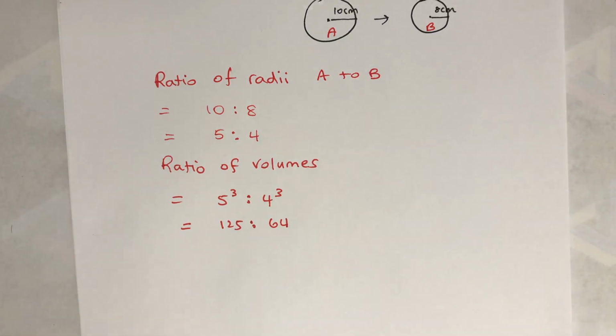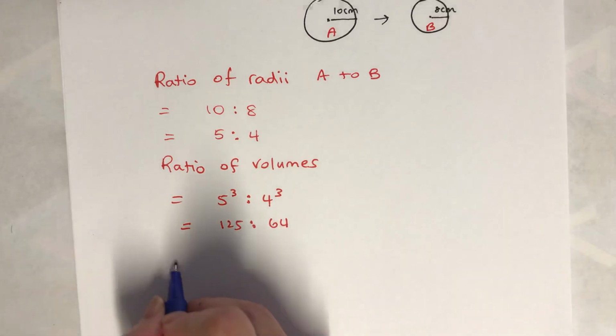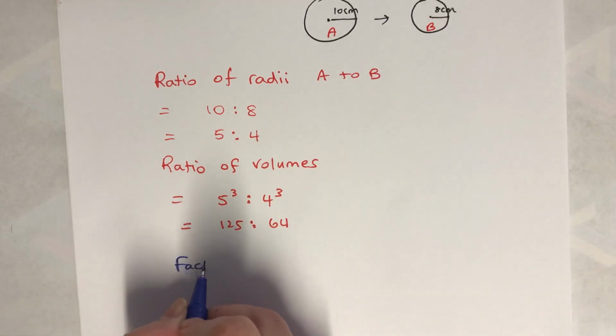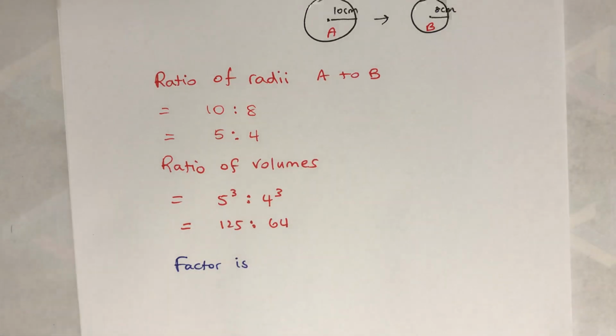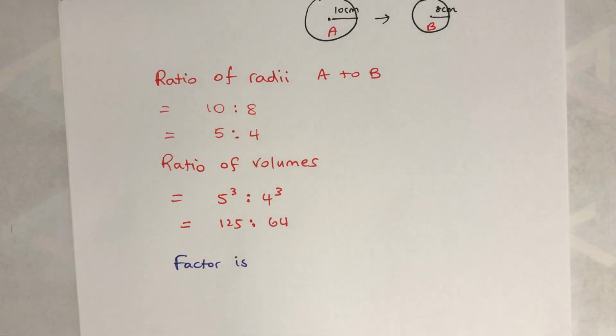Now we can say the factor is, is it 125 over 64 or 64 over 125? You need to think carefully here. The question says it's decreased, so you want it to be smaller.